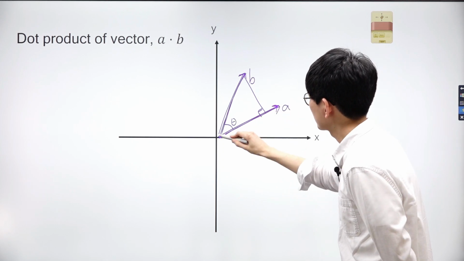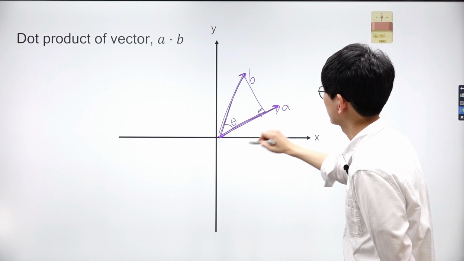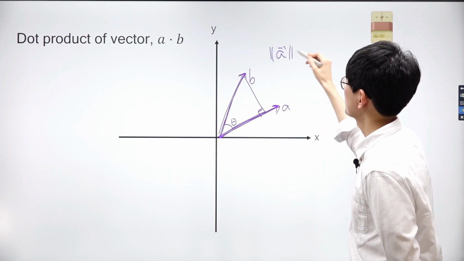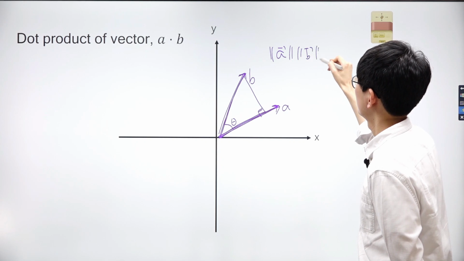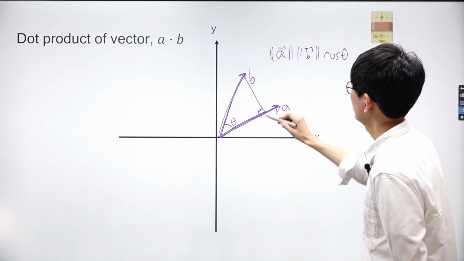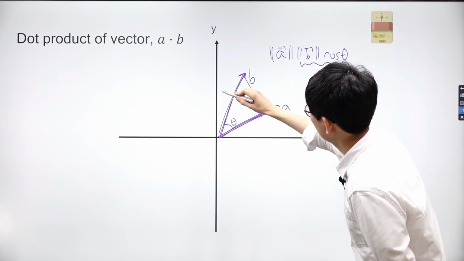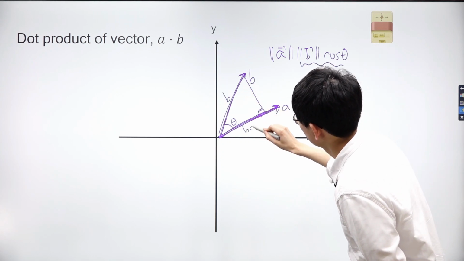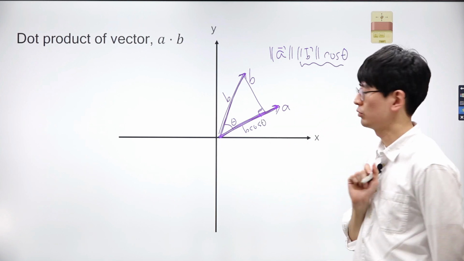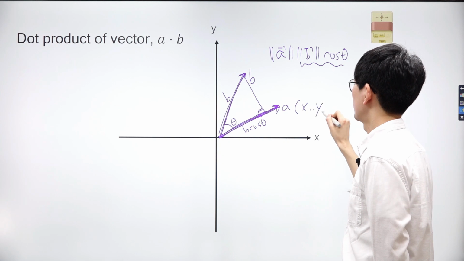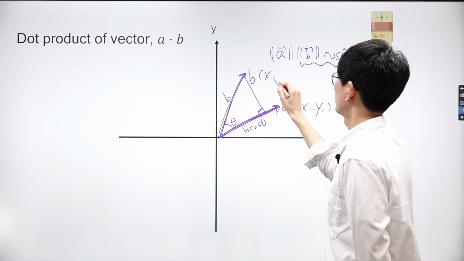That's why we calculate the dot product by multiplying the length of the vectors and cosine theta. The length of the adjacent side of the right-angled triangle represents the product of the length of vector B and cosine theta. This product represents how much a person on vector A can observe vector B.